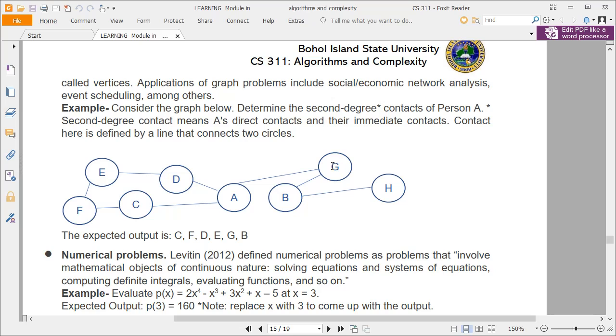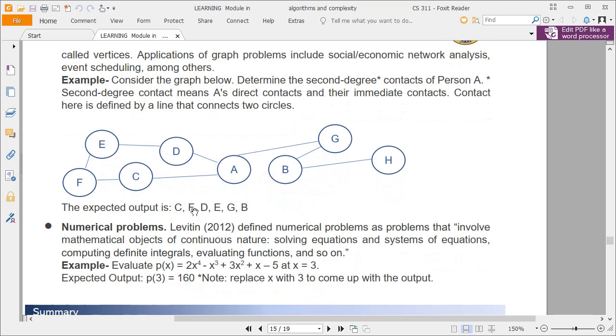Since G is a direct contact of A, then its direct contact B is part of the second degree contacts of A. All in all, the second degree contacts are C, F, D, E, G, B.